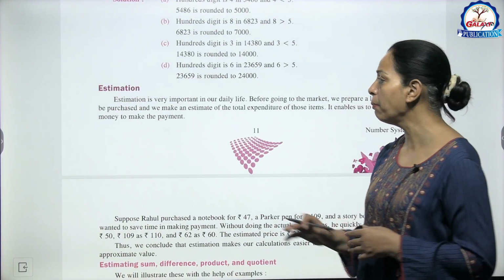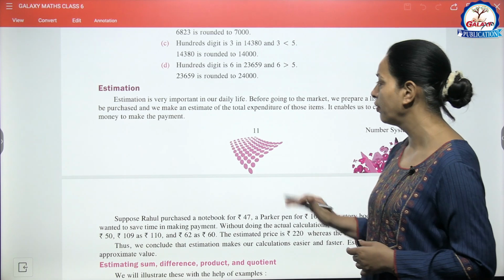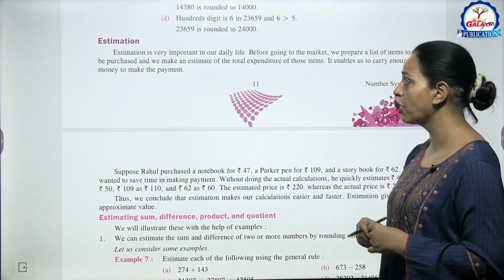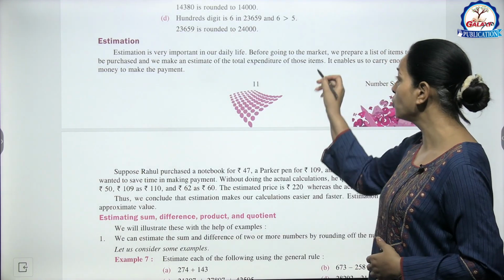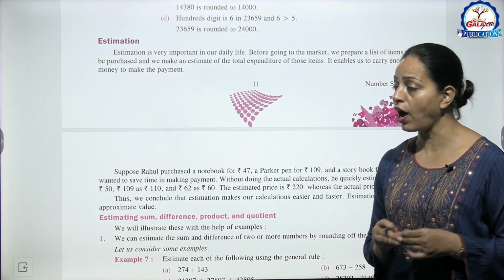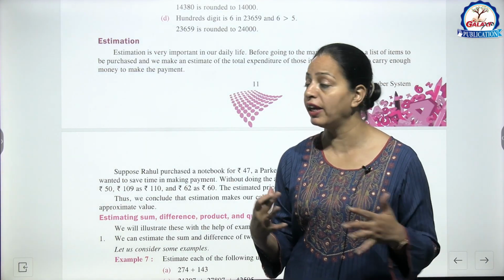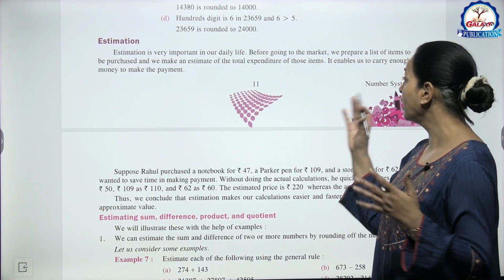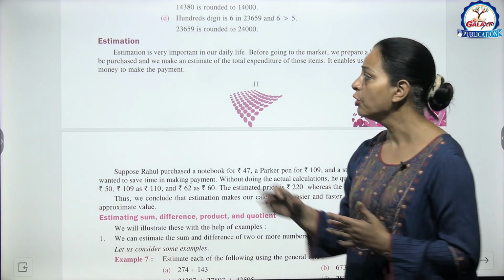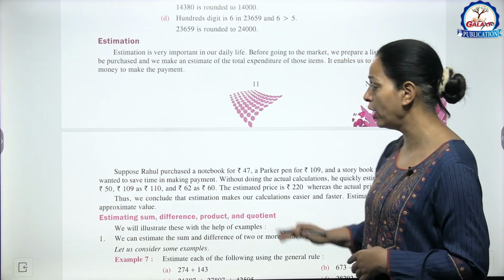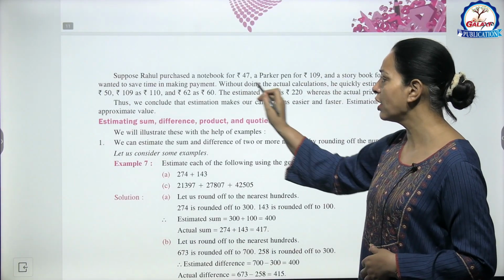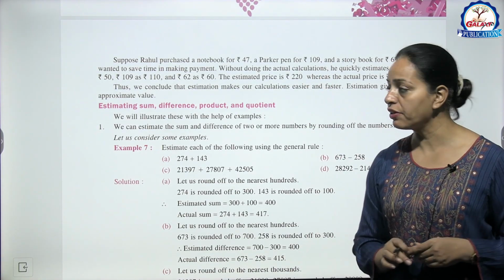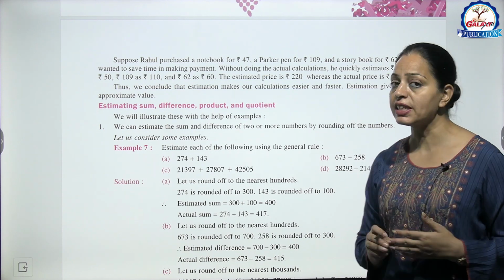So now see next, estimation. Estimation is very important in our daily life. Before going to the market, we prepare a list of items to be purchased and we make an estimate of the total expenditure of these items. It enables us to carry enough money to make the payment. Suppose Rahul purchased a notebook for ₹47, a Parker pen for ₹109 and a storybook for ₹62.